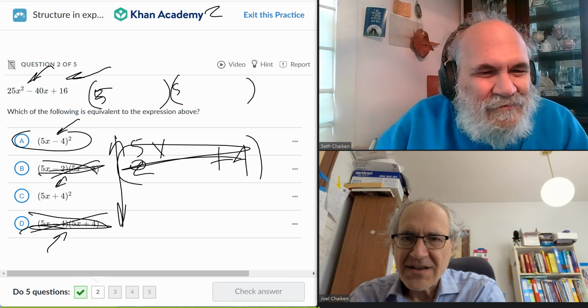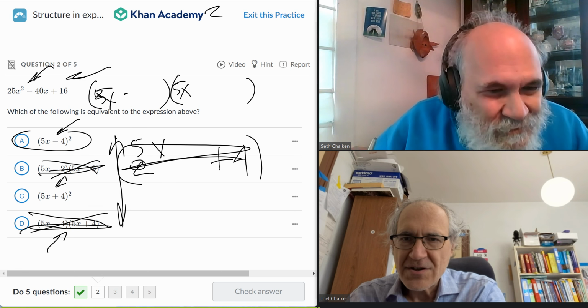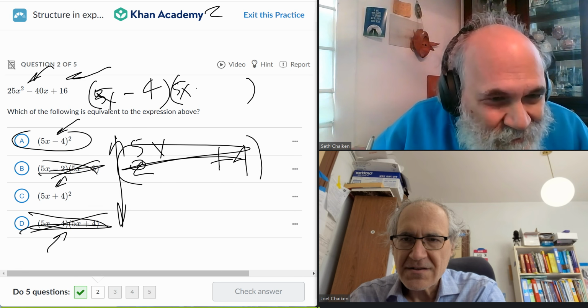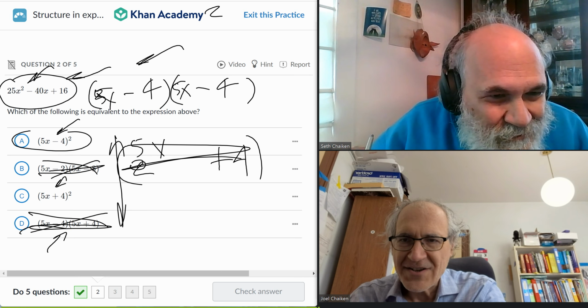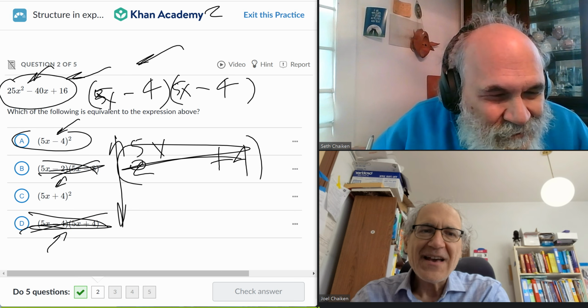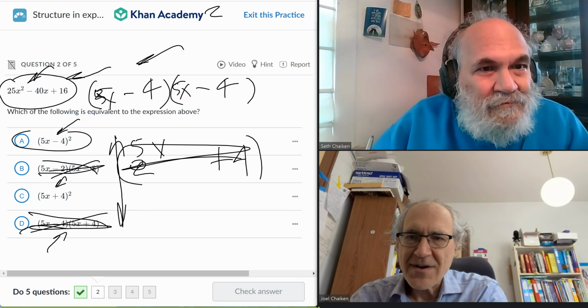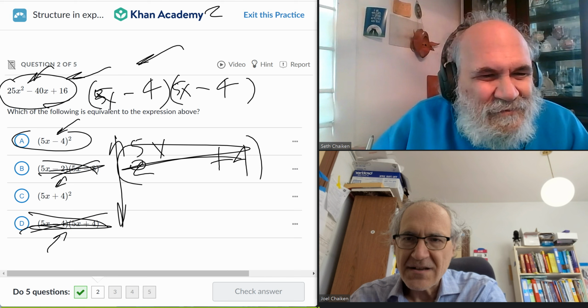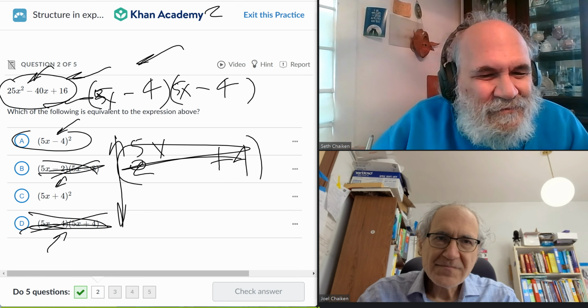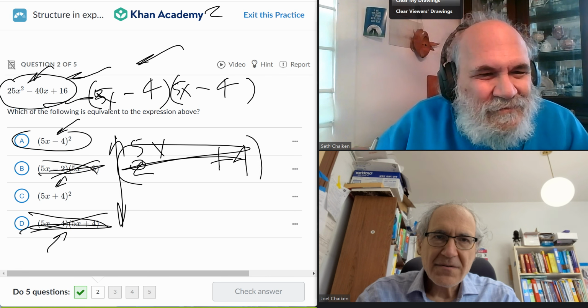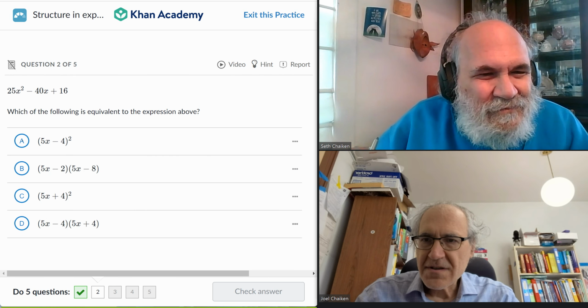Oh, I see. The way they're doing it is they probably are expecting you to go like this. If you could recognize that this is that special pattern, a squared plus 2ab plus b squared, or minus, then you can go this way.